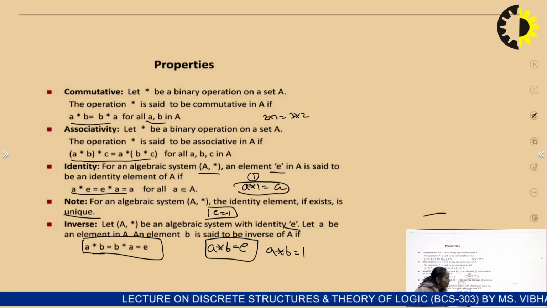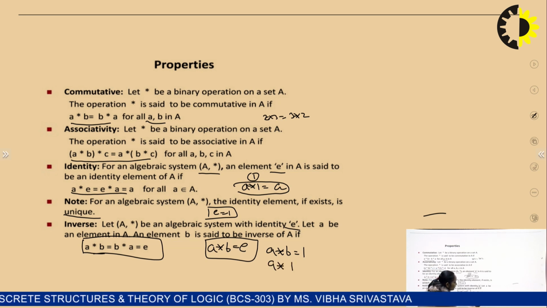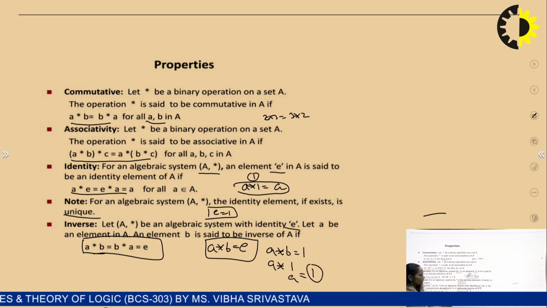So what value of B we will take so that the answer is 1? If we take A into 1 by A, then we can get 1. So here the inverse value of A is equal to 1 by A.